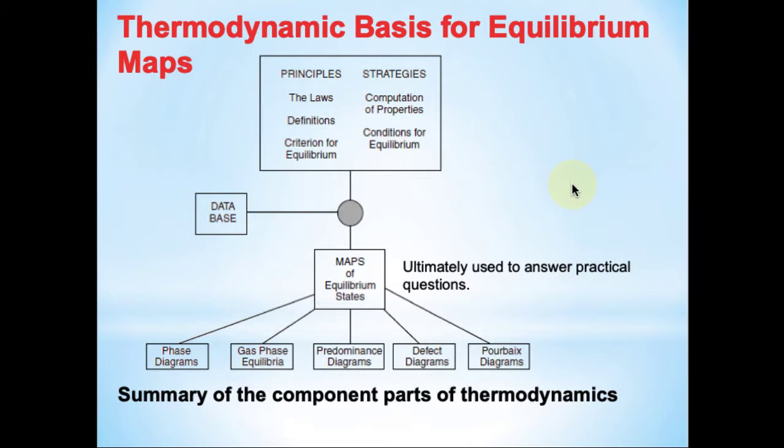The content of the field is contained in a few principles that are applied through a few strategies. So here are the principles. In phenomenological thermodynamics, each system is a structureless mug that is gifted with properties. As a first step, properties that make thermodynamics work must be identified and defined.